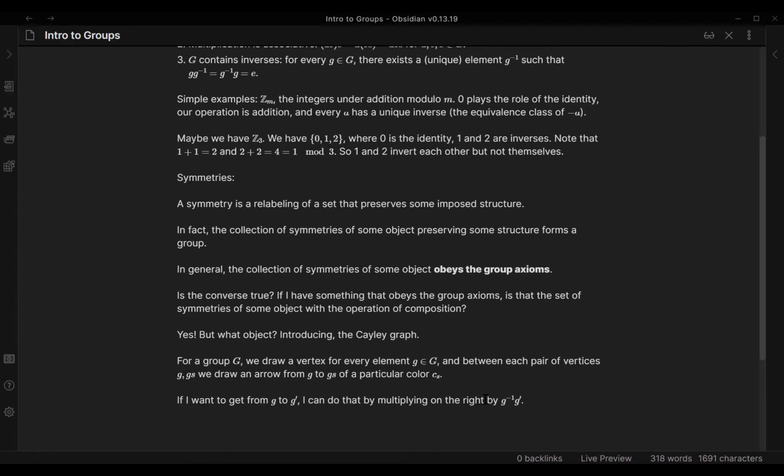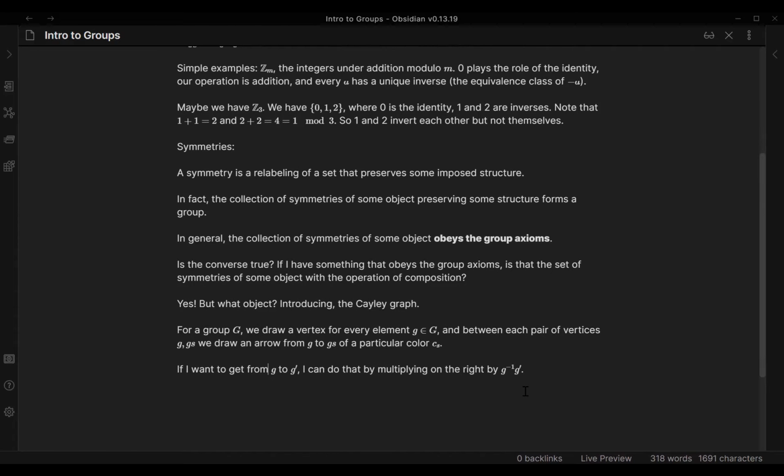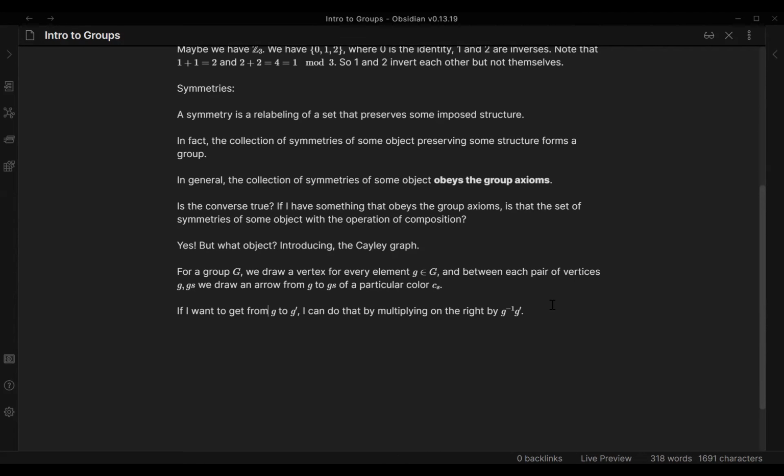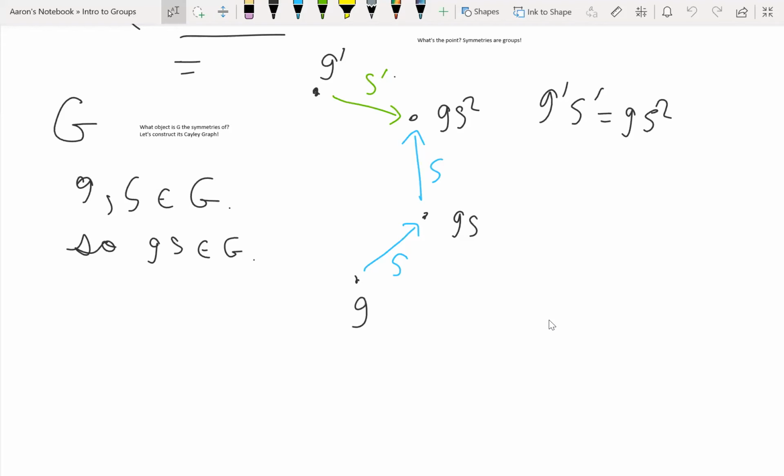And we've demanded that the group has inverses. And of course, g prime is some element of G because it's what we're trying to get to. So yes, there is actually at least one connection between every single node, because we've just constructed that connection. But the color of the arrow reflects which element of the group gets us between these two nodes.